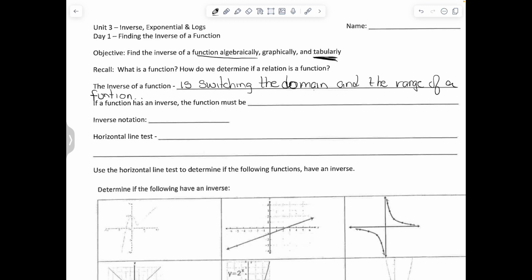In other words, we're going to switch the x and y values. If a function has an inverse, it must be 1-to-1.